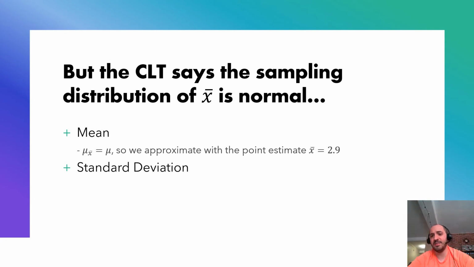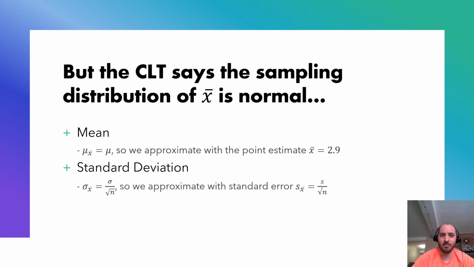The standard deviation formula for your sampling distributions for sample means requires you to know the standard deviation of your population of interest. You didn't have that when you were looking at proportions. You still just use that same old sample proportion. So we have to approximate the standard deviation of our sampling distribution using the standard deviation of our sample.